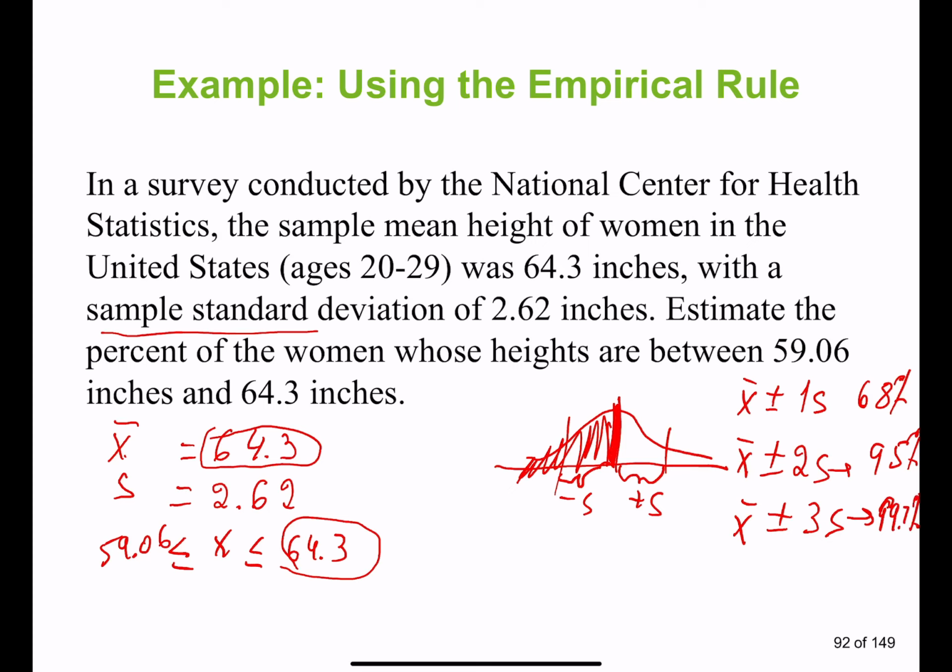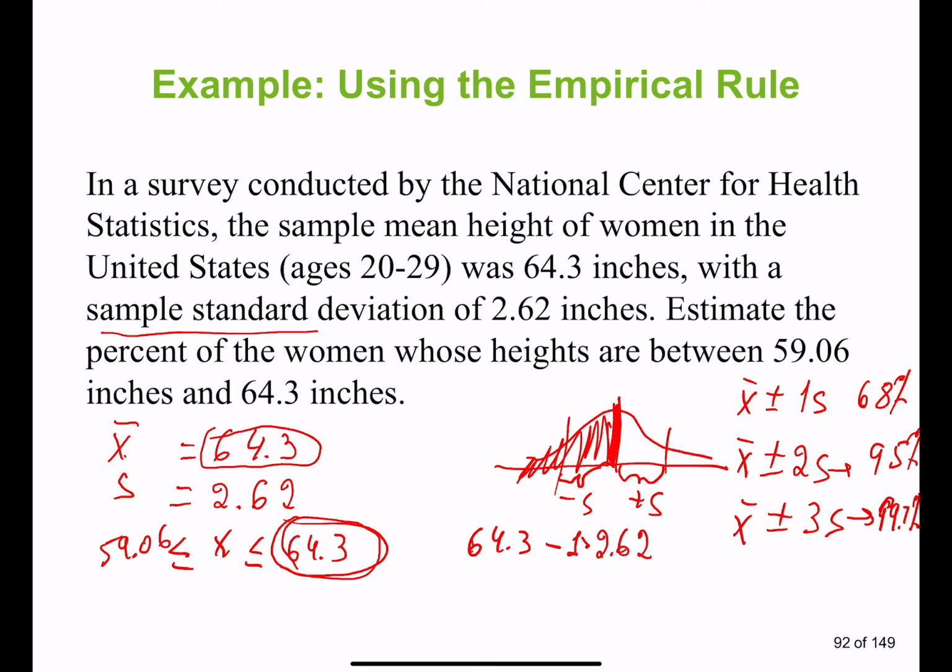So let's check it. Since we have plus and minus, we are not going to check the plus version because the upper limit is already sitting on the average, but we are going to check the minus version, which means I'm taking 64.3 minus 1 standard deviation, one time, 2.62, right?